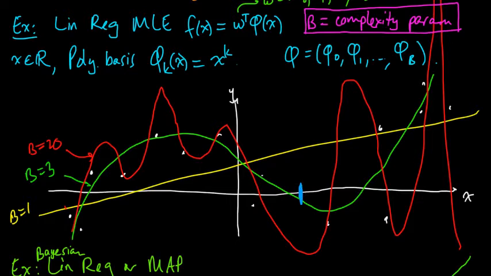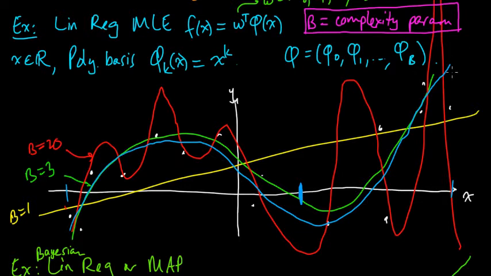Suppose that there is some true distribution from which this data was sampled. Let me draw a curve, some true curve, something like this. And let's suppose that x is uniformly drawn from this range, and then you draw y to be normally distributed with some variance about this true blue curve.